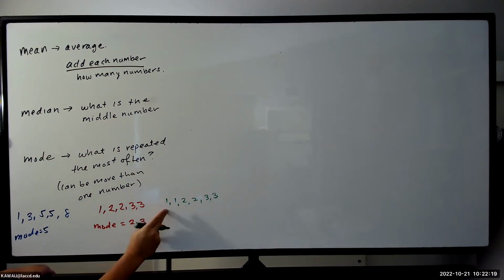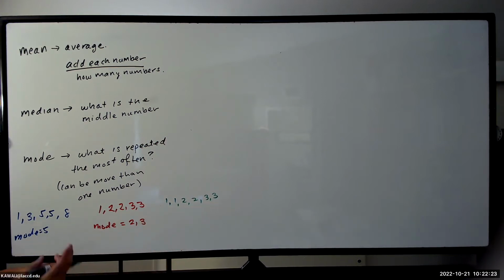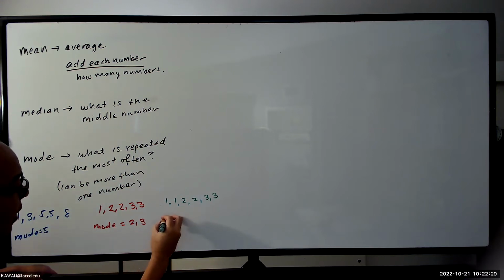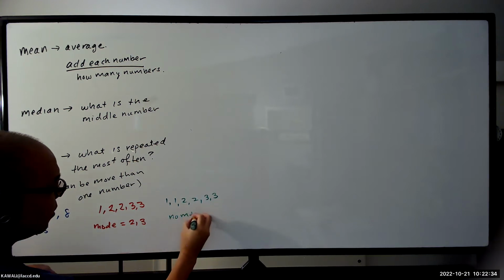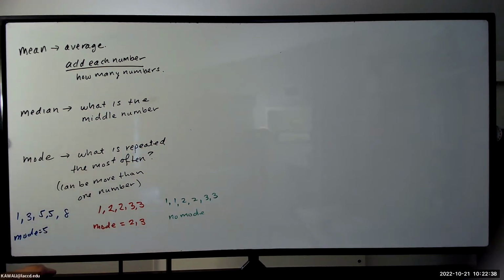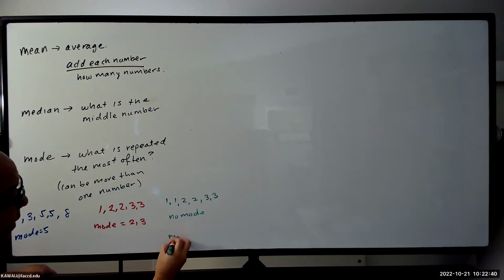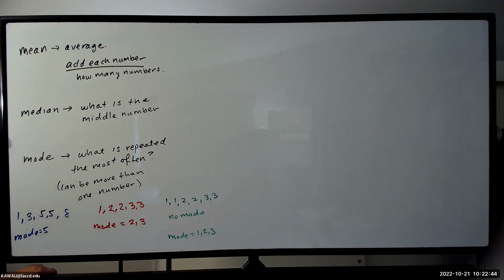Now the next one is 1, 1, 2, 2, 3, 3. So what's happening here is that all the numbers are repeated the same number of times. So over here, it could be either no mode. So if this is an option, pick no mode. Now, some books will say 1, 2, 3.